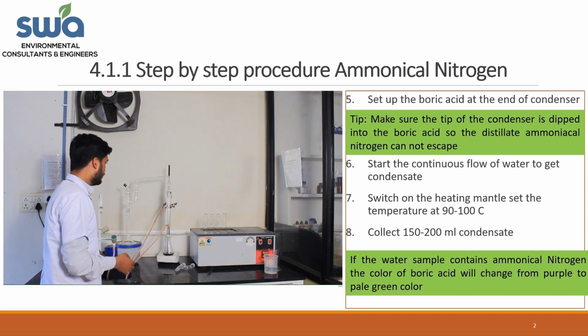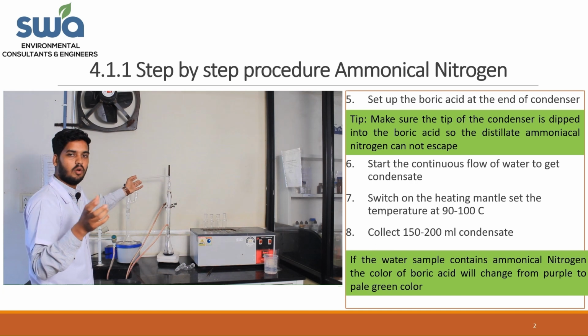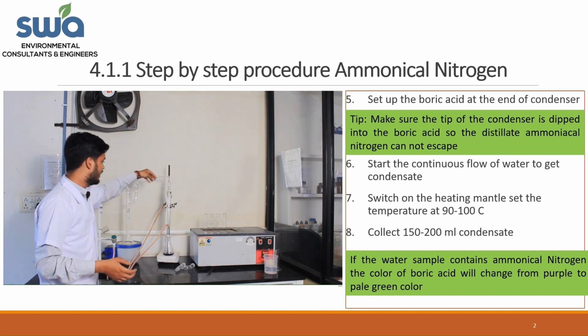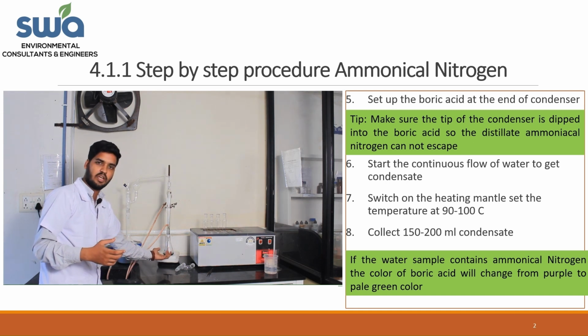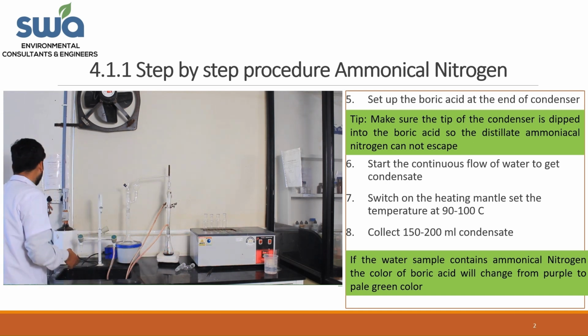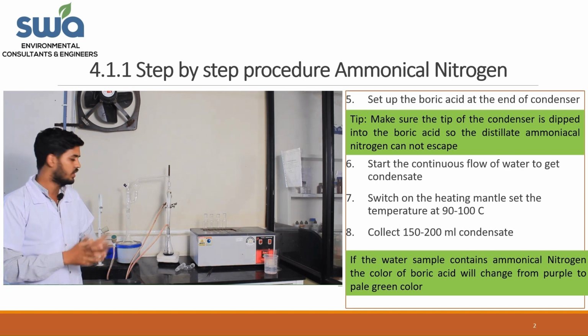By this continuous flow of water, the vapor portion of the sample will get condensed into liquid and we will get the condensate into this boric acid. Okay, so let's switch on the heating mantle, set the temperature at 100 degrees centigrade and let the distillation happen.